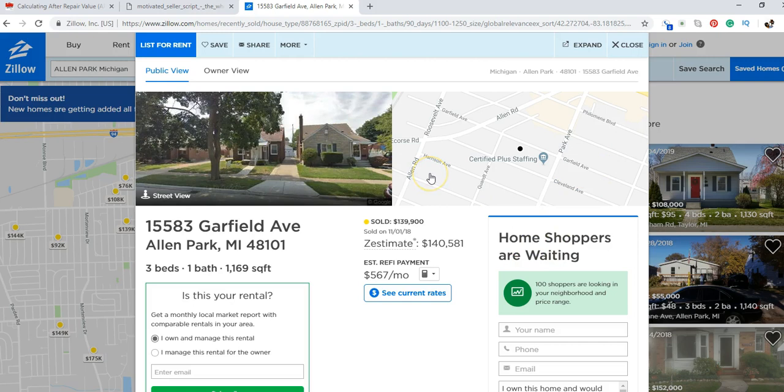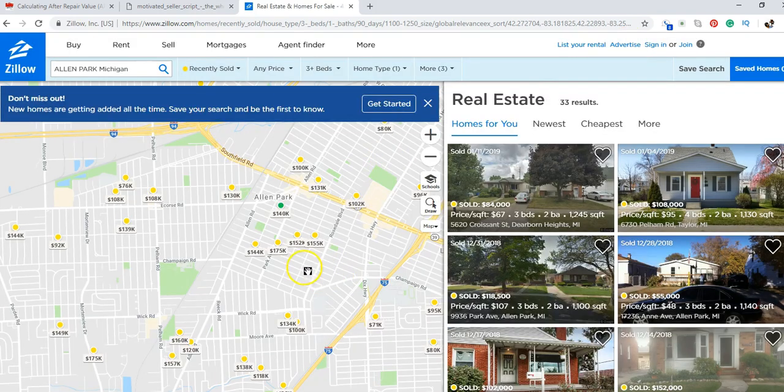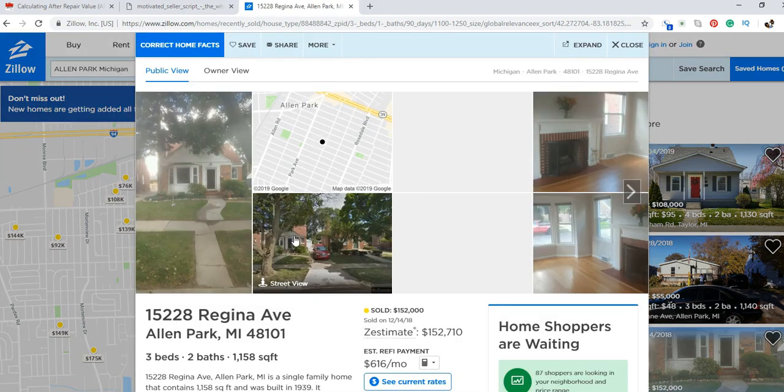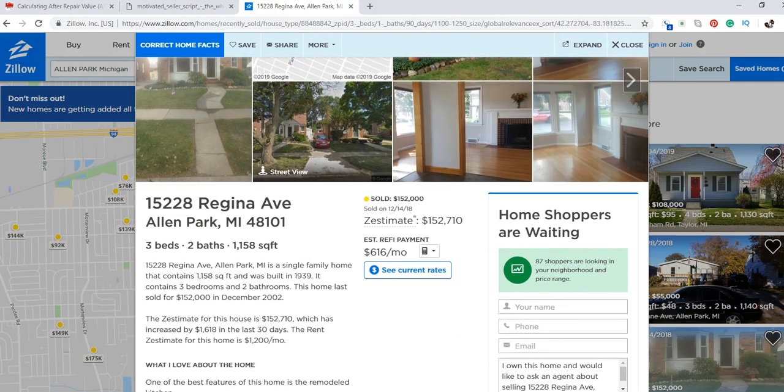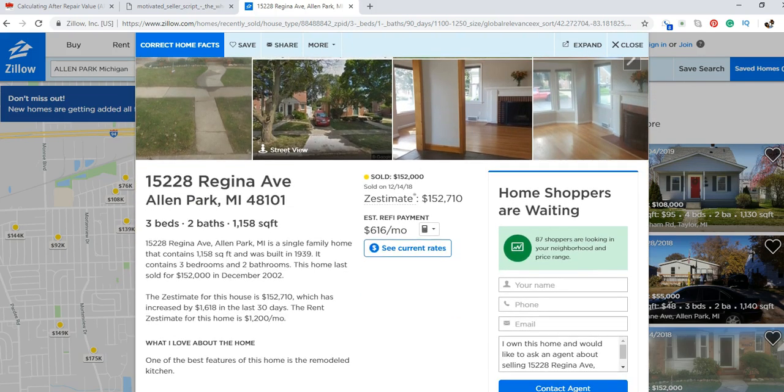It also looks like a brick bungalow. All right, you've got one at 152 that's also a brick bungalow. Looks like it's clean, possibly updated. We can read the description.